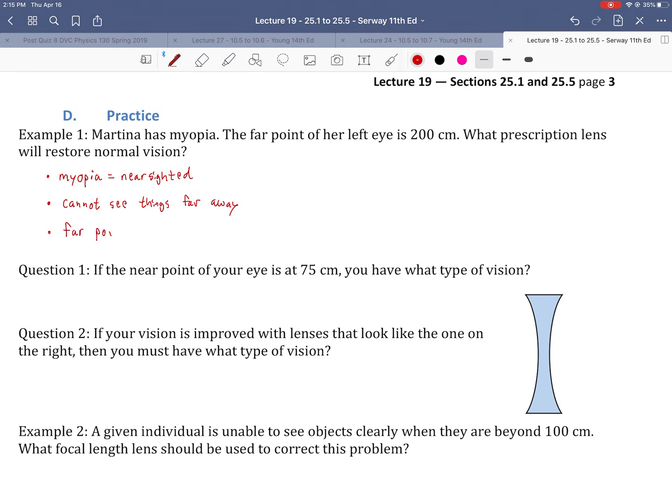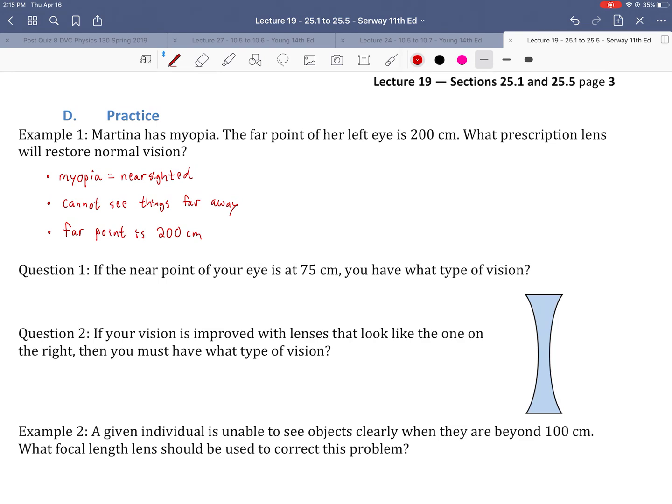So far point is 200 centimeters. Okay. And we want to correct her vision, and we're going to do that with a lens that's going to allow her to see objects that are far away.